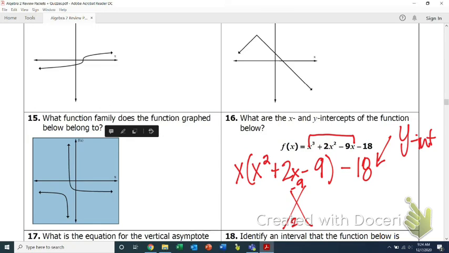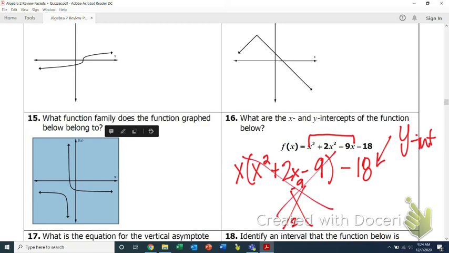I don't think we can do the big X this way. Adds to 2 and multiplies to 9. Well, 1 and 9, that wouldn't work. And 3 and 3, that wouldn't work. So, we cannot do that.